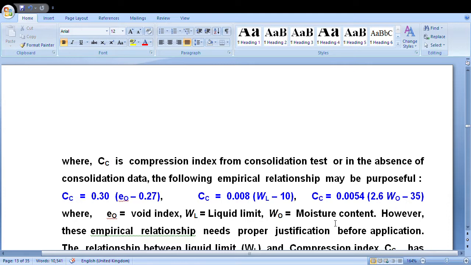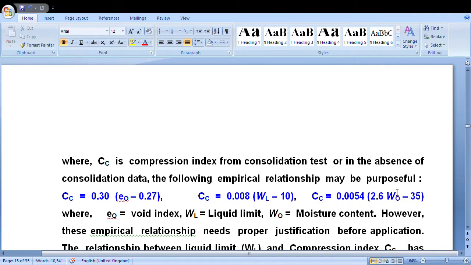If soil moisture is equal to or very close to the liquid limit, then the shear strength of that soil is less than 1.7 gram per centimeter square, and where the water content is equal to or less than the plastic limit, the soil has shear strength of almost 1.7 kg per centimeter square. So these are also empirical equations.